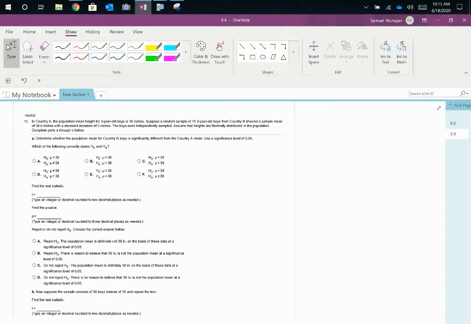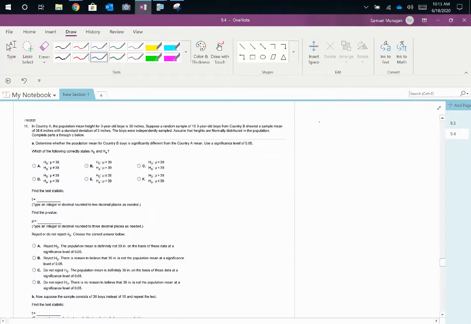In country A, the population mean for 3-year-old boys is 39 inches. Suppose a random sample of 15 3-year-old boys, so n is equal to 15, from country B showed a sample mean of 38.6 and a standard deviation of 3 inches.